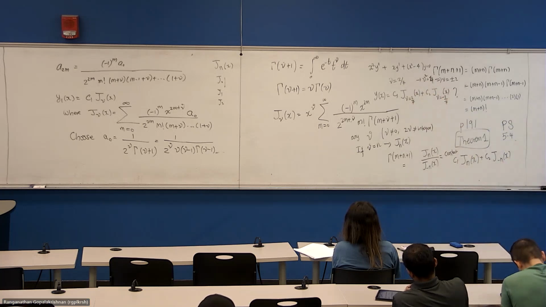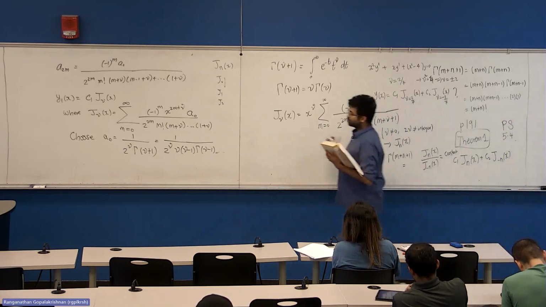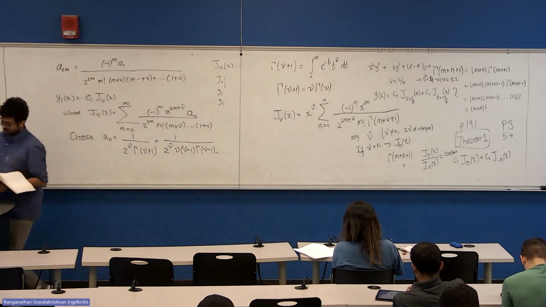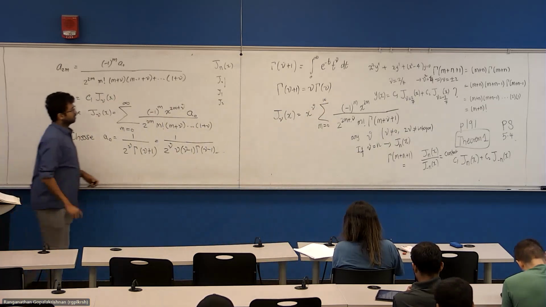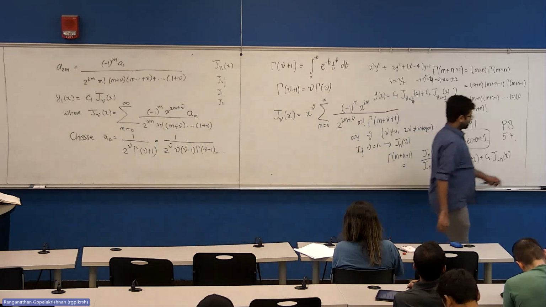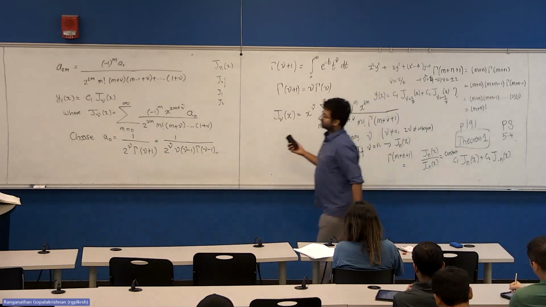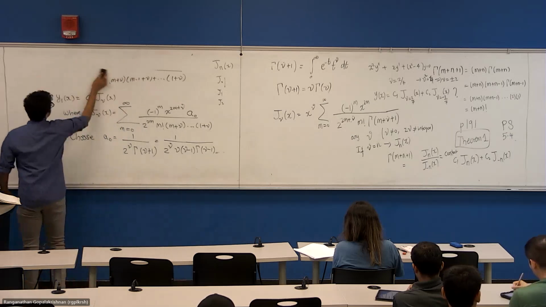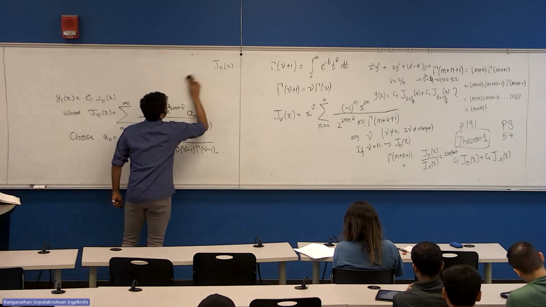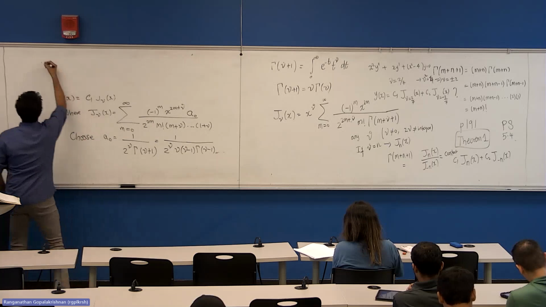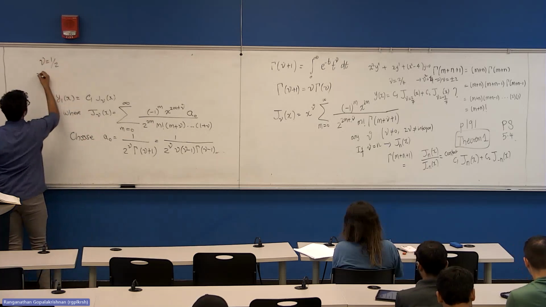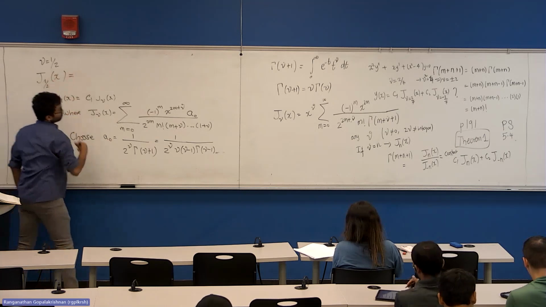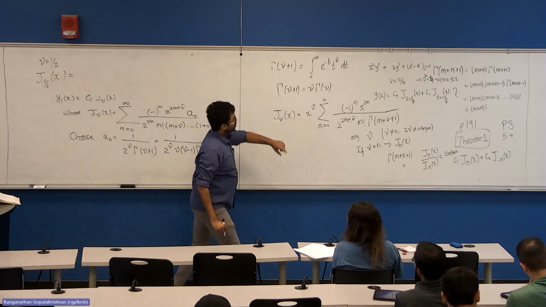Okay. So we talked a lot about integer and not an integer. There is also a special case where if nu is a half integer, we get certain special properties. So let's say, for example, we calculate for nu equals half, what is j half of x? Can you get that from this formula?